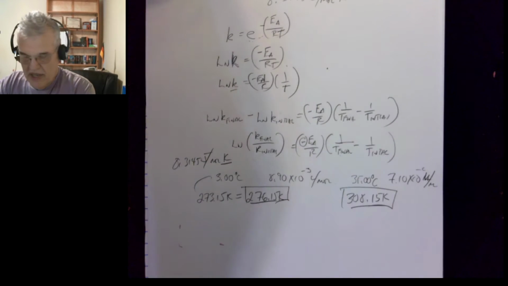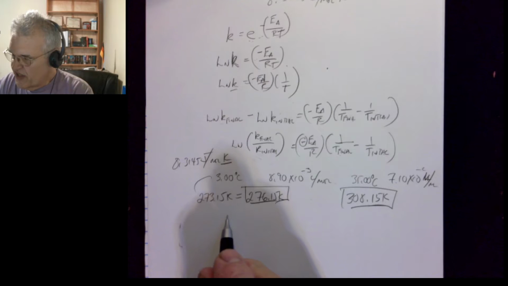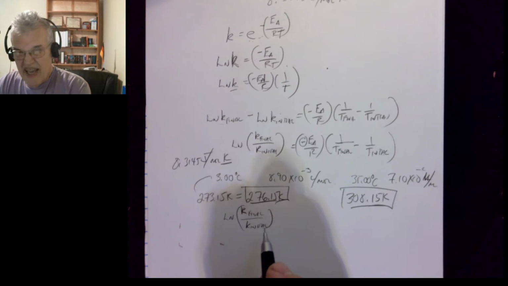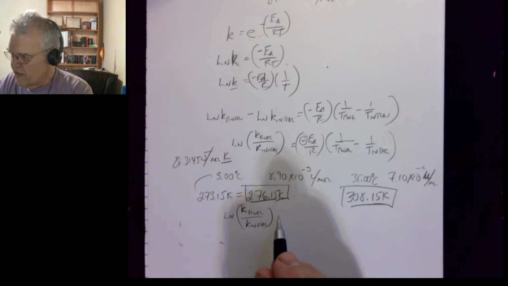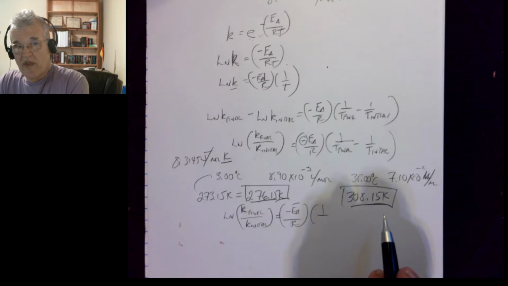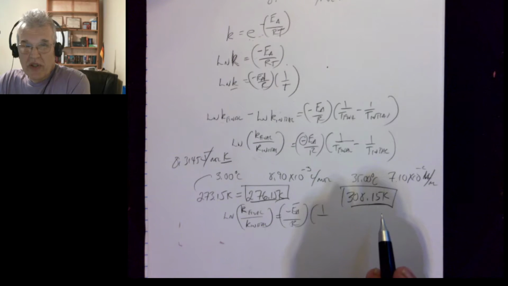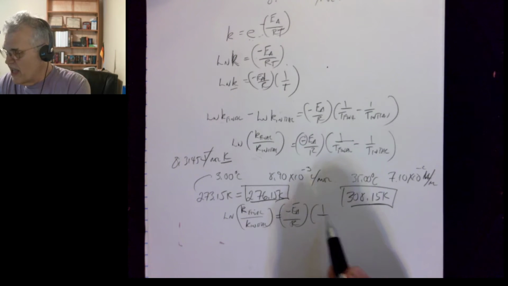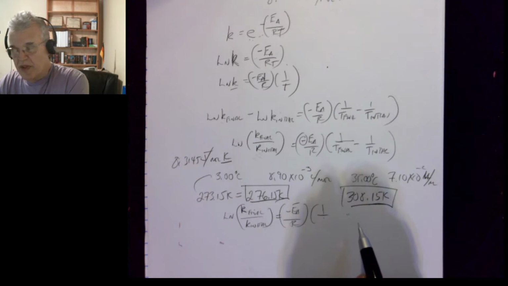All right. Now we can set up our equation, and we can say it's ln k, that's lowercase k, final over k initial. It's lowercase k because when we get into equilibrium, we'll use capital K's. Different thing. It's going to be equal to negative Ea over R times 1 over, what's our final? Well, you can really choose what you want to be final or initial, as long as your final and initial here is the same as your final and initial here for temperatures.